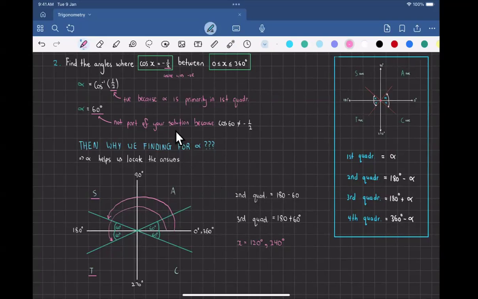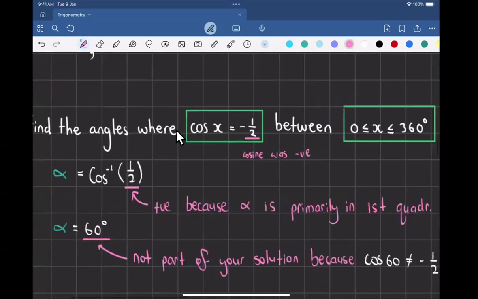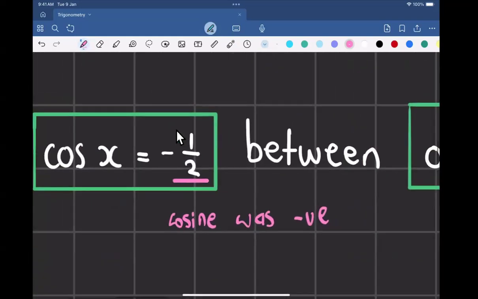Negative a half. So the question wanted us to find the angles that would give us negative a half. Does 240 give us negative a half? Yeah, so our answer is correct then.